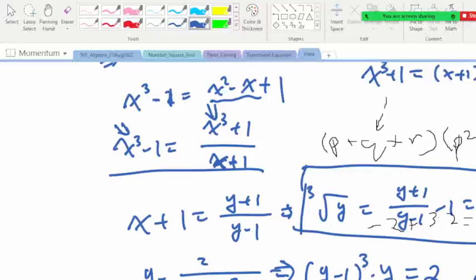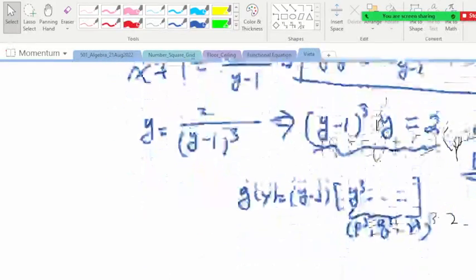That means g of y can be written as y minus alpha times a y cube something, right? So this part has the roots p cube, q cube, and r cube. Then we are done, right? Yes.